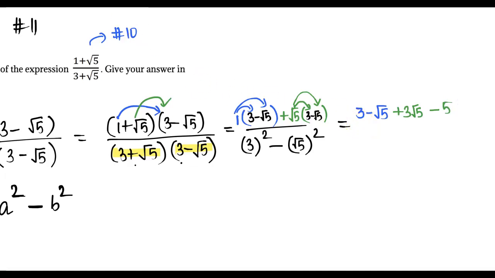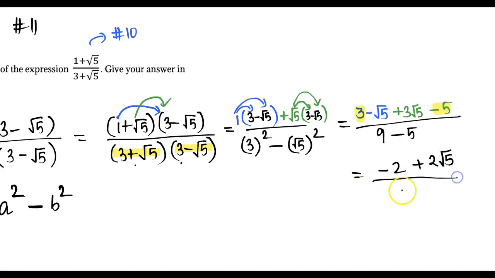Very nice. At the bottom, 3 squared is 9, and root 5 squared is 5. At the top, 3 and minus 5 give us minus 2, and minus root 5 plus 3 root 5 gives us positive 2 root 5, over 4.